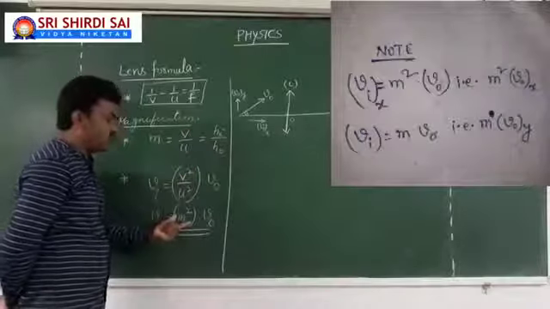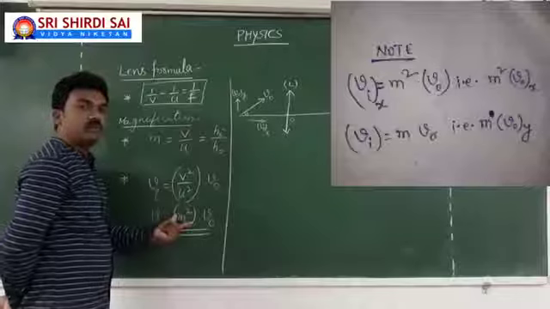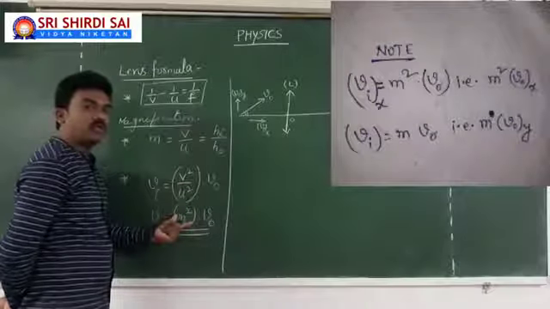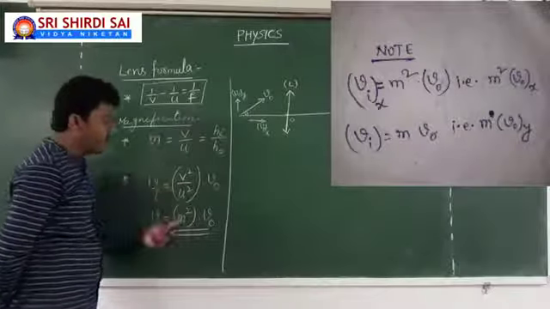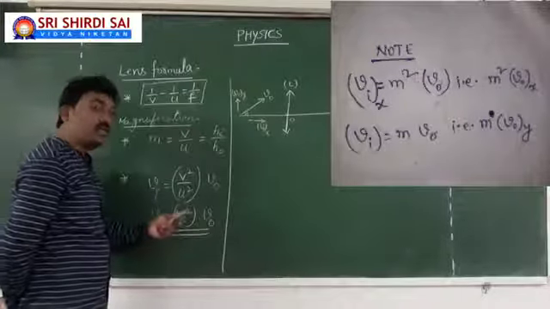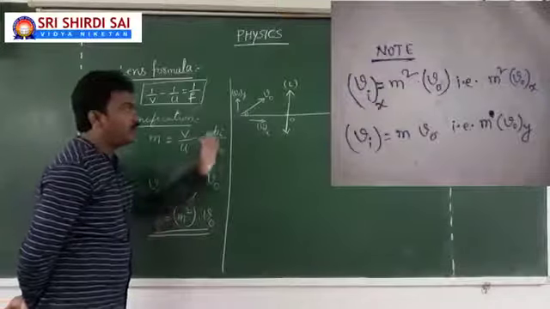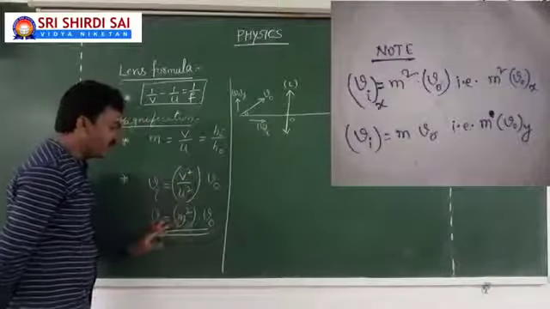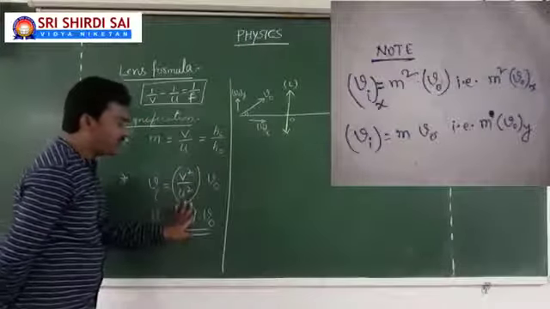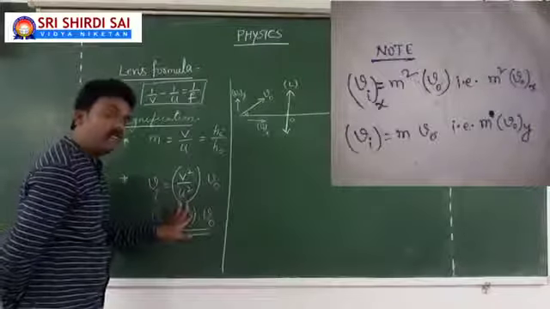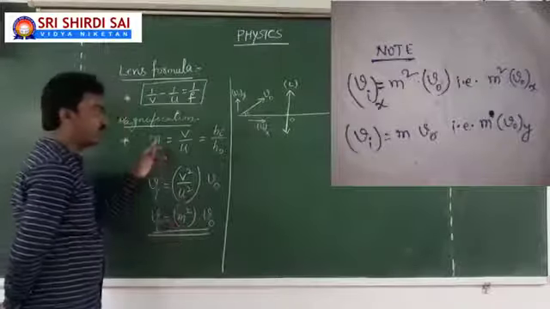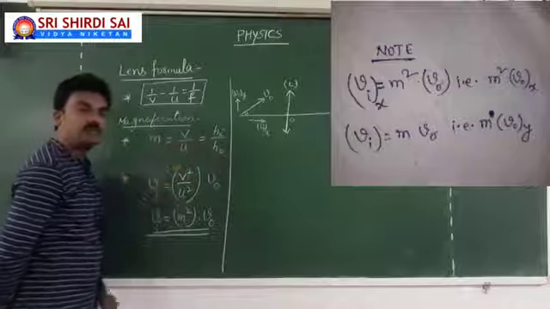If m is the transversal magnification, m² indicates linear magnification. My object is moving longitudinally, so the speed of the image is equal to this linear magnification times v₀. m² indicates linear magnification, m indicates transversal magnification.